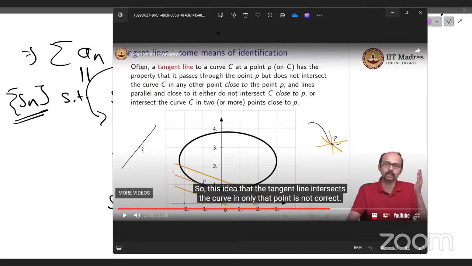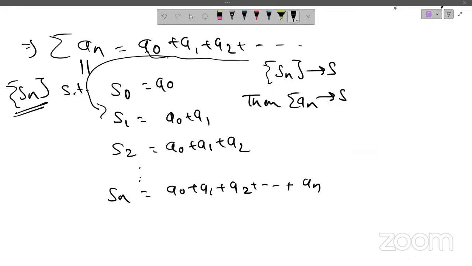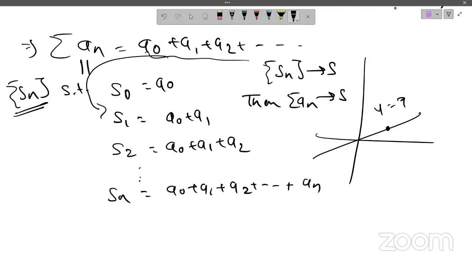Same logic: suppose you have the straight line y equals x. If I ask for the tangent line at x equals 1, what is your answer? This line itself is the tangent line, and it passes through every other point of this line, right?